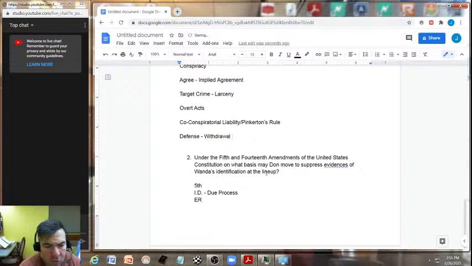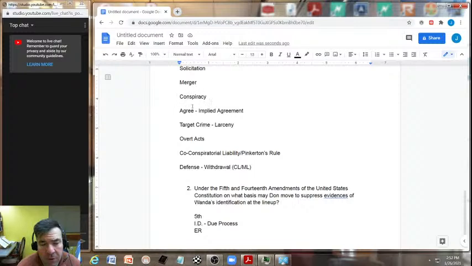And remember, we have the two laws in withdrawal: common law and modern law. Under the common law, the only thing required for withdrawal would be the renunciation through notification to the other co-conspirator that the other party does not want to carry out their criminal objective, but remember they're still liable for the original conspiracy.